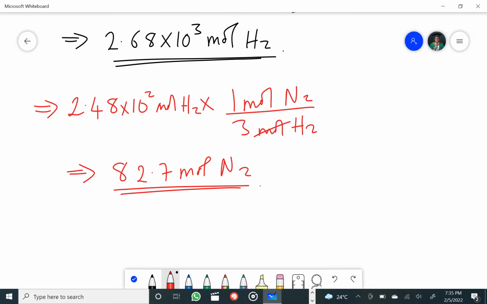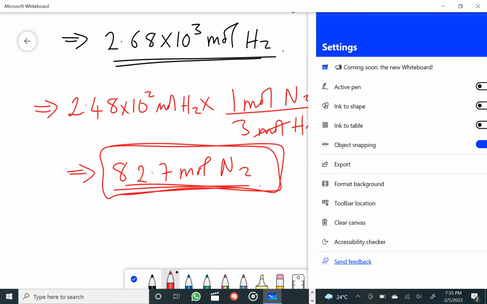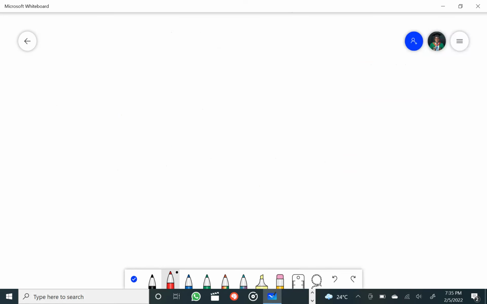But look at the number of moles that we had for nitrogen, 893. So you see that the nitrogen is in excess, because the amount that was required to react with the moles of hydrogen that we have is just 82.7 moles. But here we've got 893 moles. So it's well over in excess. So that's how you figure out the limiting reactant, of course, using the first method.